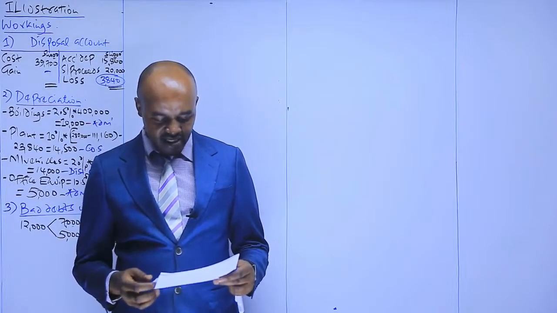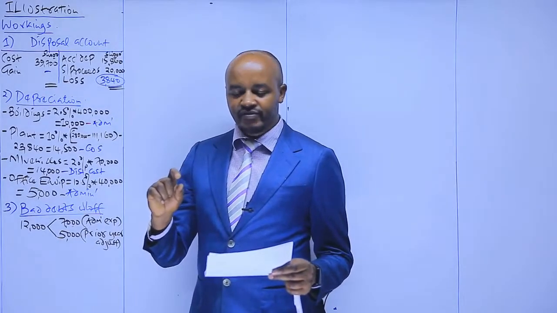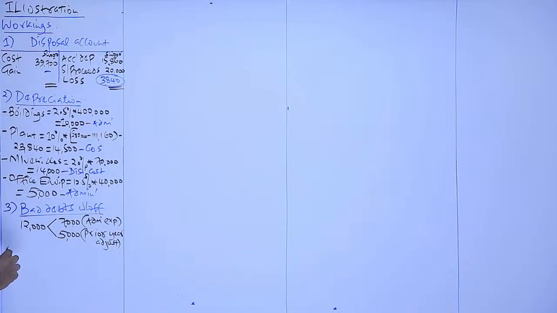And then you're told, in number 4, the second sentence, the provision for current tax for the current year, that is the year which ended 31st of December 2022, was 52 million. 52 million is required, together with a decrease to the deferred tax provision of 3 million. So we are told the estimated tax liability for the current year is 52 million. This means we need to determine the amount of current tax to be charged in the income statement.